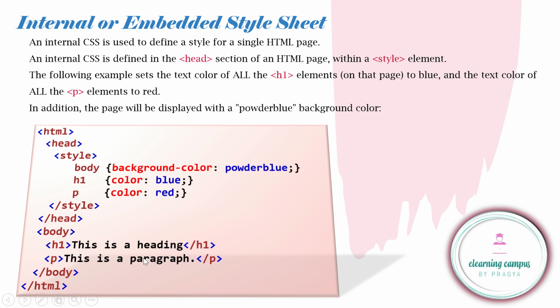So whenever I use the p tag in my entire document, no matter you are using it once, twice, thrice or any number of times, always it will come in red color. The text will come in red color. Okay, and simply we can use this. So this is internal. In internal we use a style element inside the header tag.